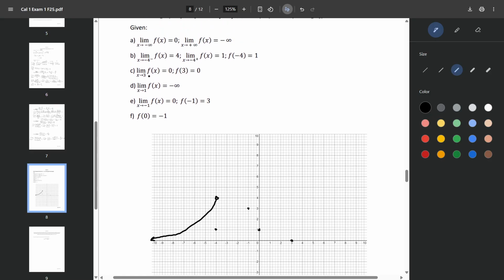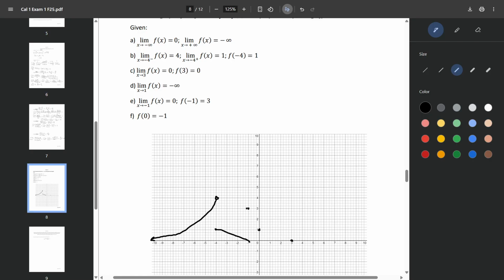Now for the next step, actually we'll do this part first. Limit of x approaching -1 of f of x equals 0. So at -1 it's going to be equal to 0, and that's for both sides.